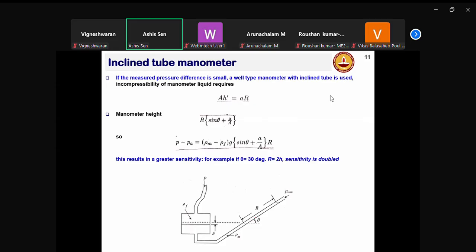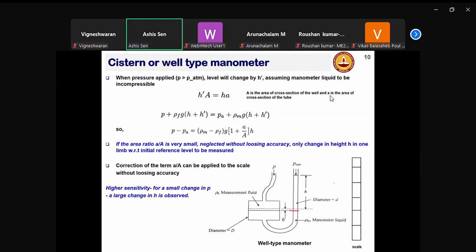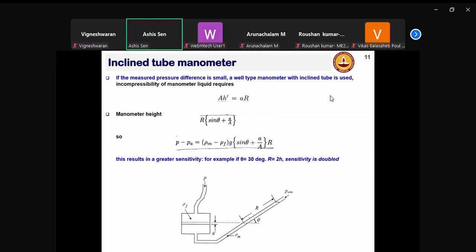When you make the right limb inclined, so this is the balance that we had: H dash into A is H into A. Now in this case, your H is basically along the tube, which we call R. But here, the manometer height can be expressed as, if this is R, this height is going to be R sine theta.